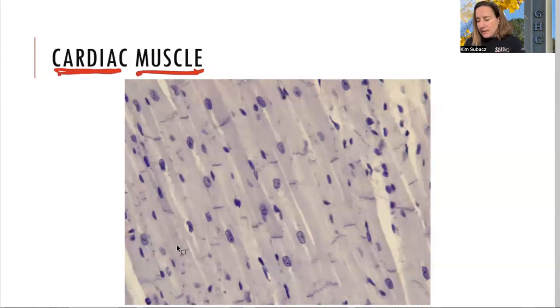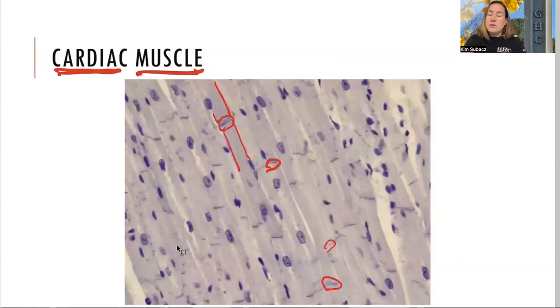When you look at this slide, these cells also look kind of long, but a giveaway that you're looking at cardiac muscle cells are these. So look at these really long cells. Here's another one that's really long. But if you look at this, I hope you can notice these dark areas where the cells connect. These dark areas are called intercalated discs.